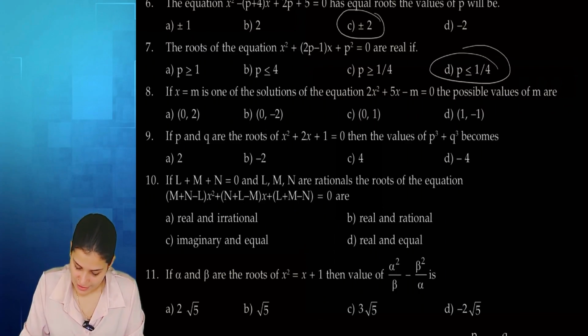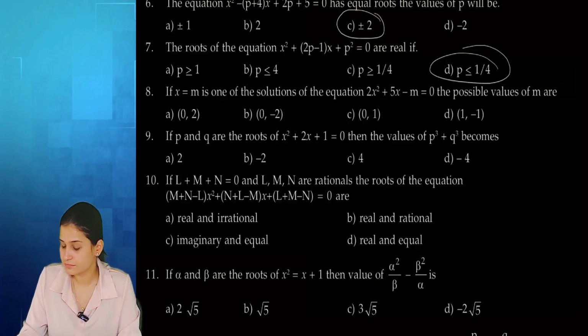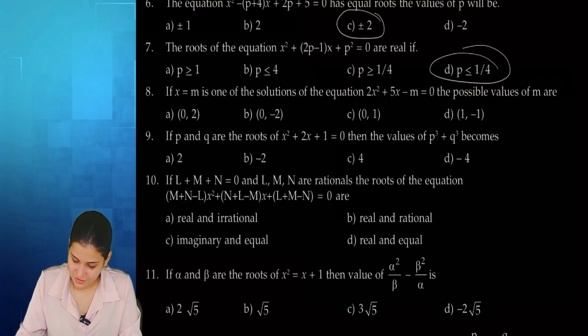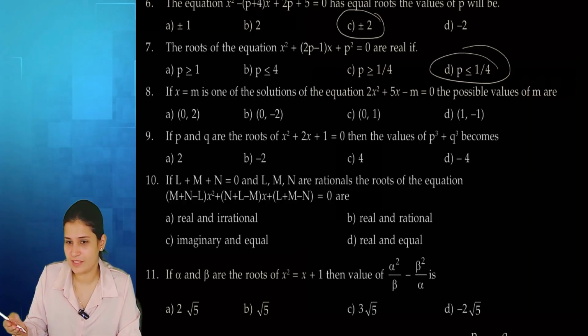If x equal m is one of the solutions of this equation, then the possible values of m are. Okay. Sum of the roots should be. Okay. We can do trial and error. Let us take 0. 0 will be an answer, I guess, because A, B, C, all of them have it.